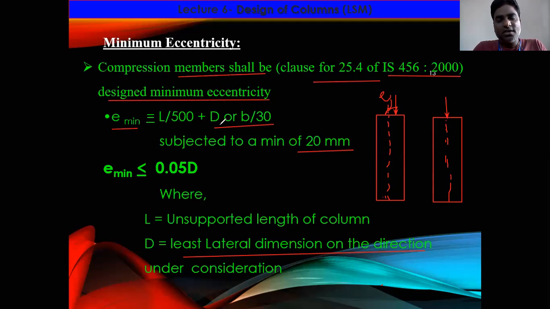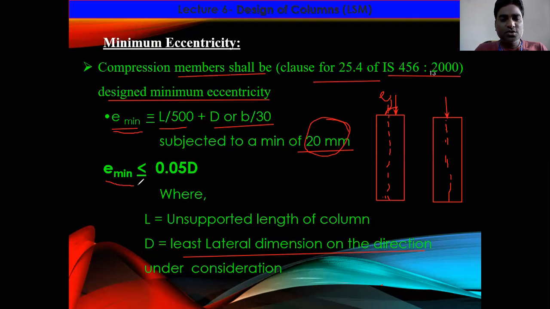Because whatever we do on computers is very difficult to execute, as there are other factors which affect construction, right? So as per IS 456-2000, it allows up to a minimum eccentricity, which should be calculated by this formula: e minimum equal to L by 500 plus D or B by 30, subject to a minimum of 20 mm, whichever is greater, right?